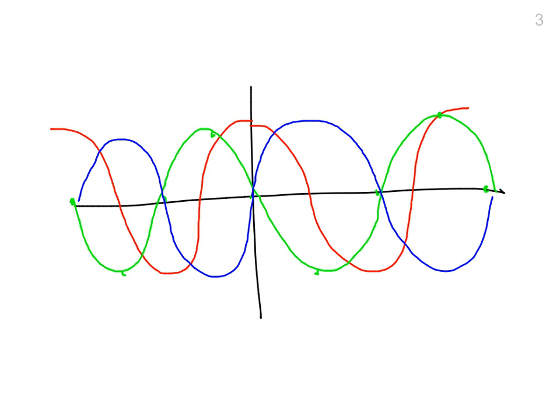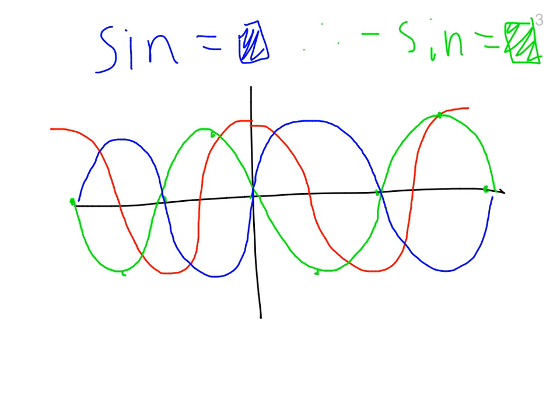Therefore, the green is equal to negative sine. And so, as you can see, since red is cosine, the derivative of cosine is negative sine.